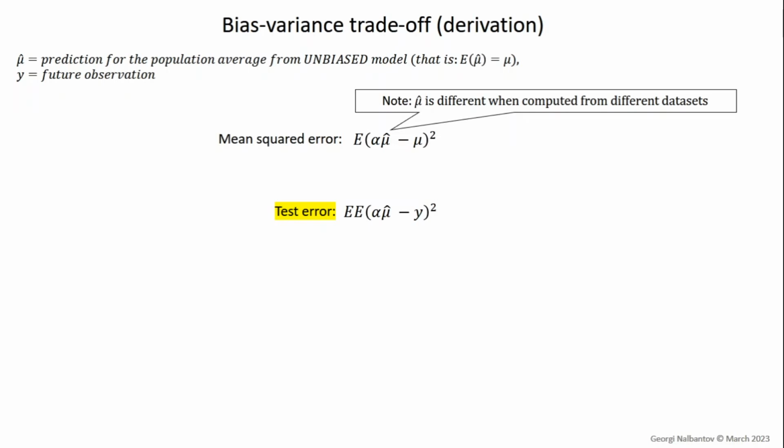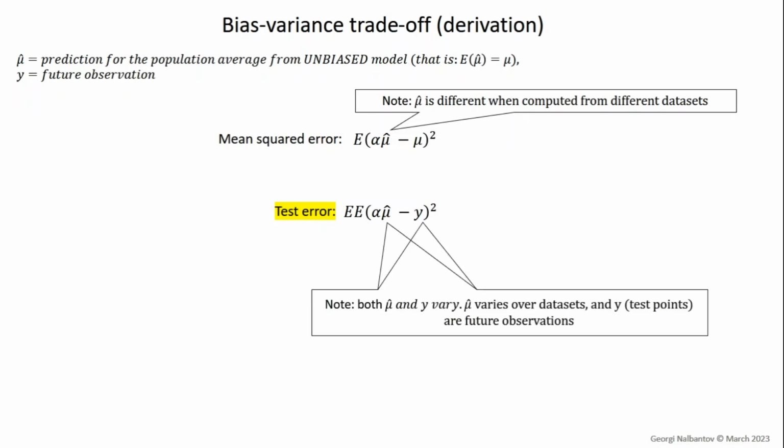Therefore, we have a double expected sign. So when you fix mu hat, still y varies. So we have expected value over y. Y are the test points, infinitely many test points, which is actually y comprises the whole population. So both mu hat and y vary. Mu hat varies over data sets, and y are just the future observations.